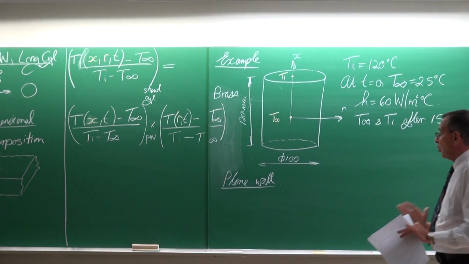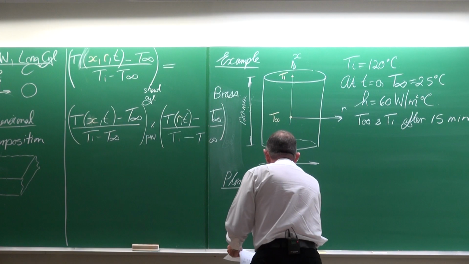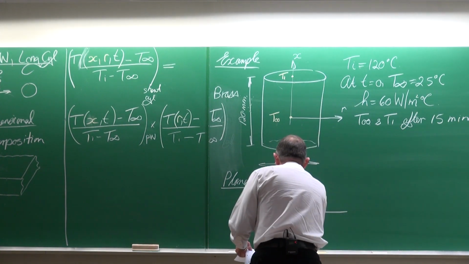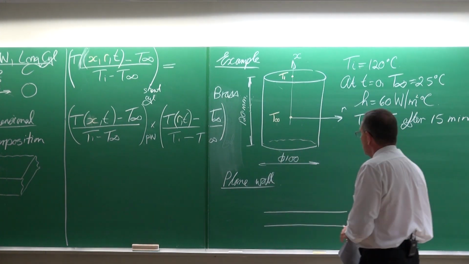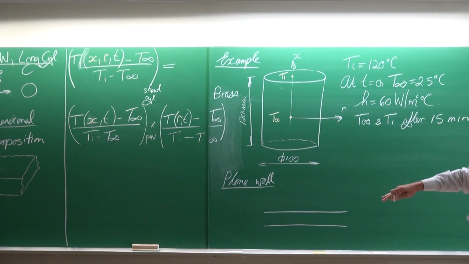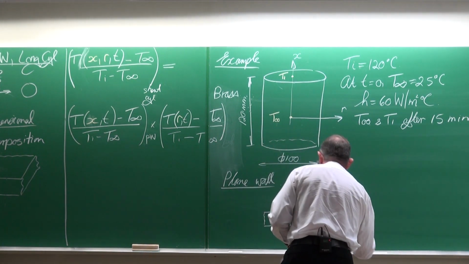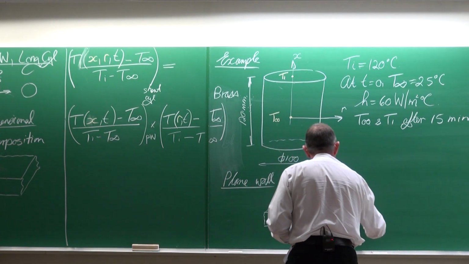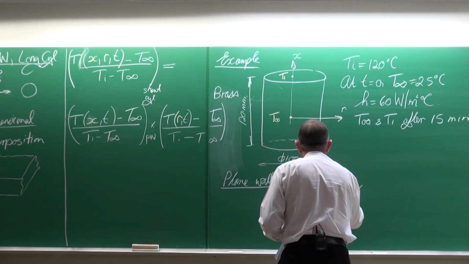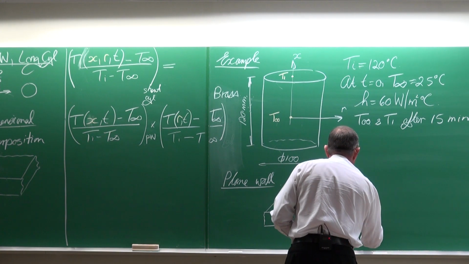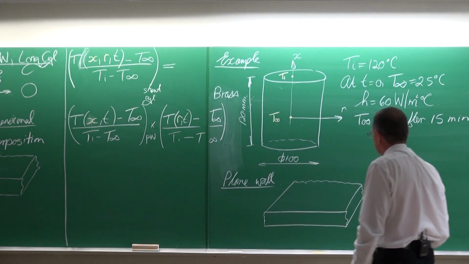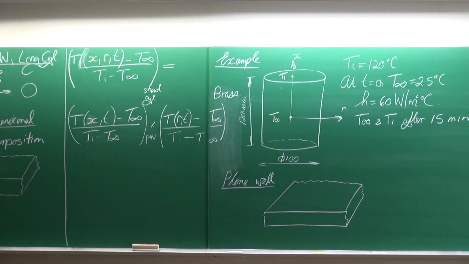So for the plain wall, the solution that we typically have is a plain wall, and now I'm going to draw the plain wall in a horizontal direction. So it is like that, and that is the plain wall, very long in that direction.